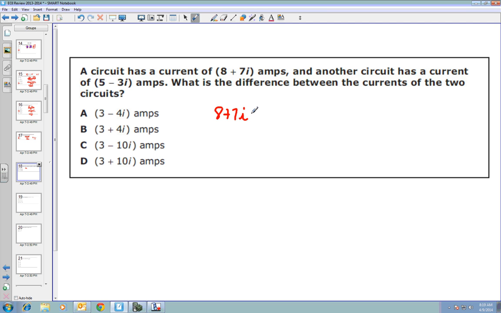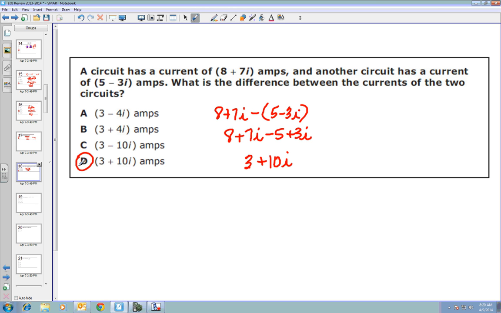If you're not careful, you're going to mess up on your signs. Minus everything that comes next, 5 minus 3i. So that means 8 plus 7i minus 5 plus 3i. I have to distribute that negative. So I have 3 plus 10i. So my answer is D.